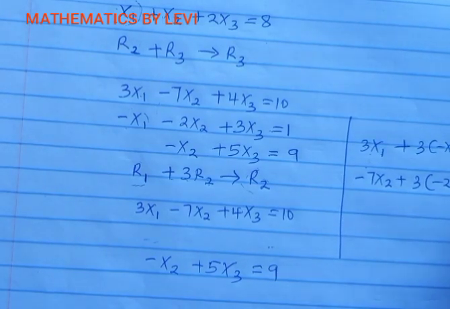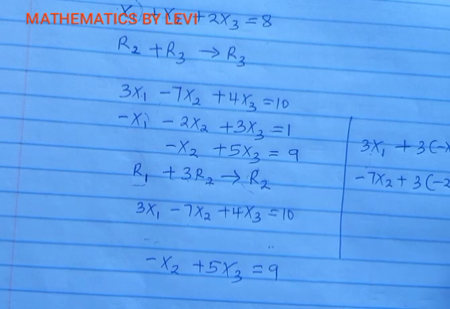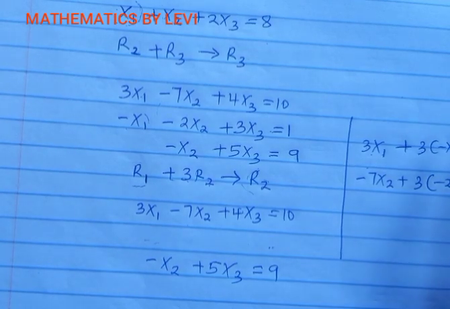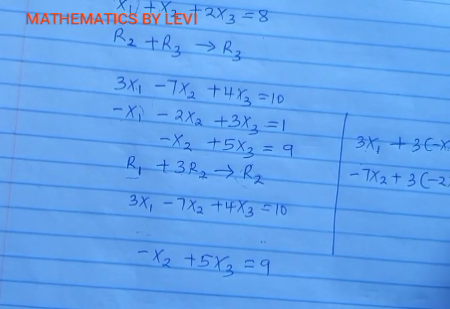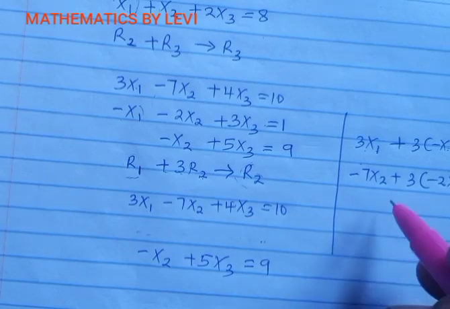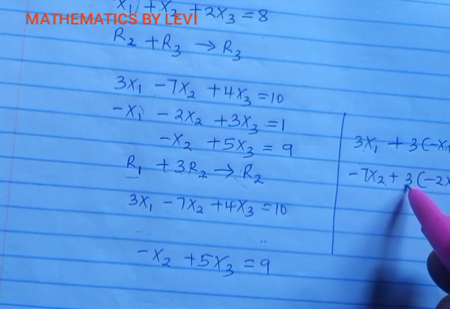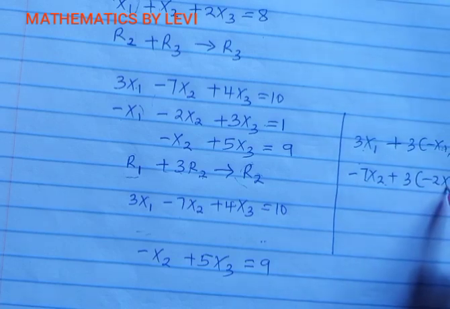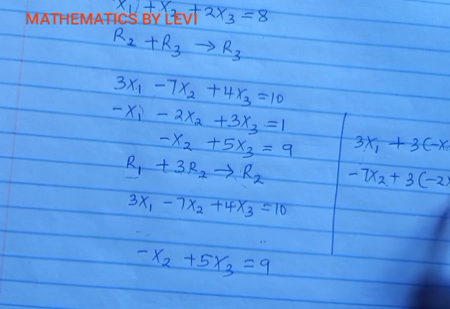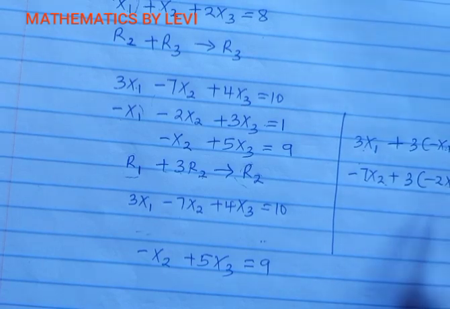This is what we shall have: negative 7x2 plus 3 times negative 2x2. 3 times negative 2x2 is negative 6x2.